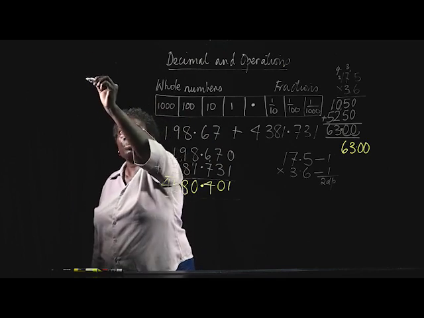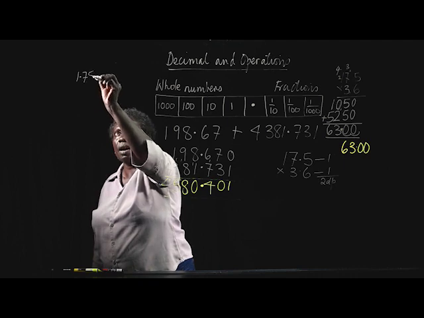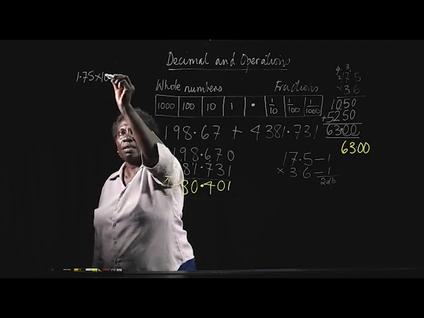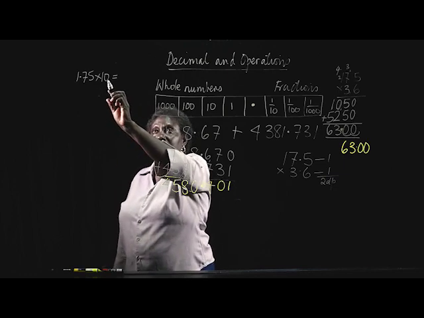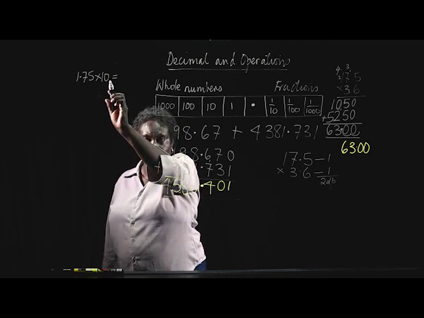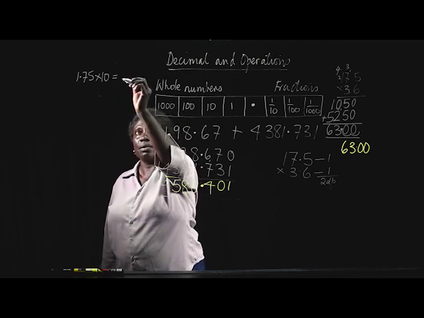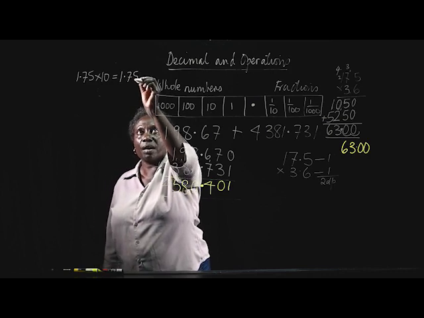I have 1.75 times 10. We have 1 zero because it's 10. So, I am going to move 1 place to the right.